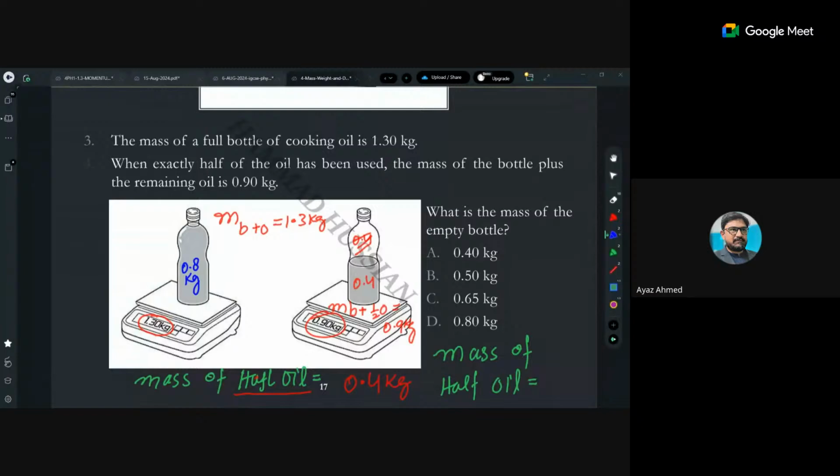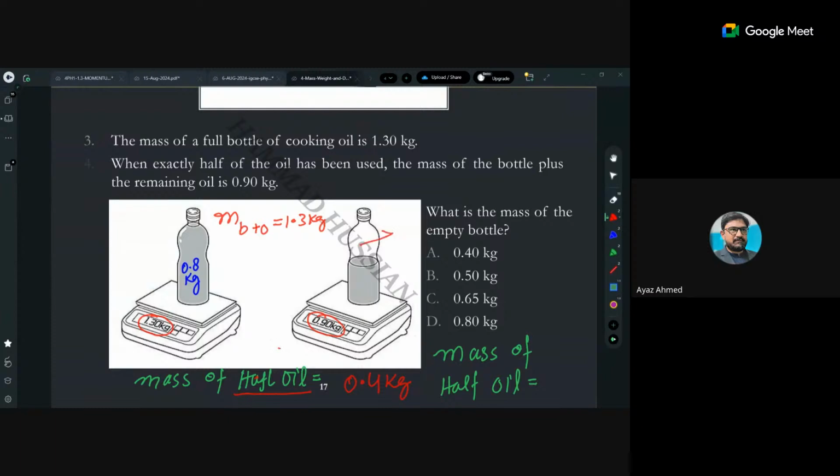It was 1.3 kg. ठीक है, आपने हाफ ऑफ ऑयल यूज कर लिया, तो अब मुझे ये बताइए कि हाउ मच मैस इज लेफ्ट बिहाइंड? 0.9. बॉटल का तो मैस कम नहीं हुआ ना? एम्प्टी बॉटल का मैस कम हुआ है? नहीं हुआ. बॉटल तो उतने ग्राम्स की है, ऑयल यूटिलाइज हो रहा है. तो इसका मतलब ये हुआ कि why 0.4 is disappeared?